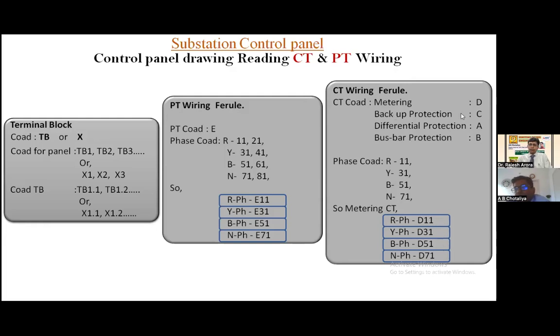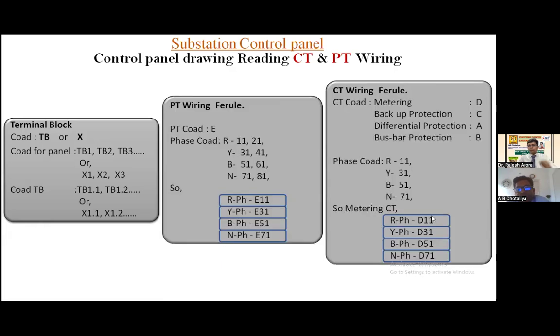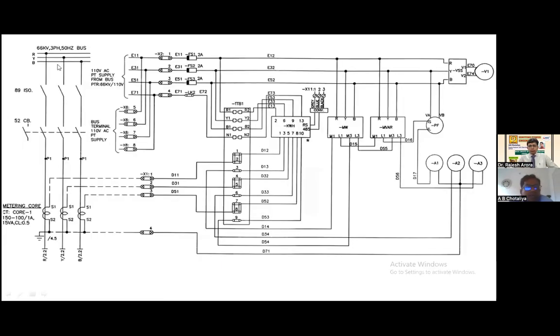If it is protection CT, then there will be C11, C31, C51, and C71, as we have seen here. Now this is the total wiring of the control panel for metering purpose.